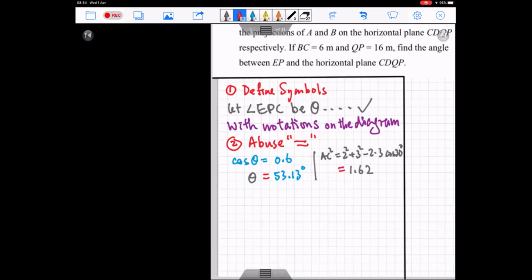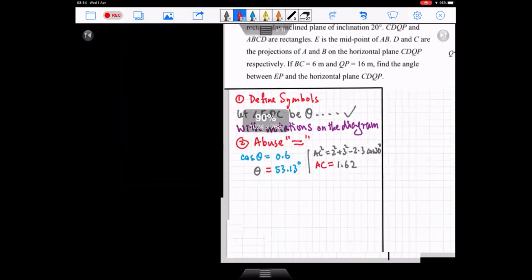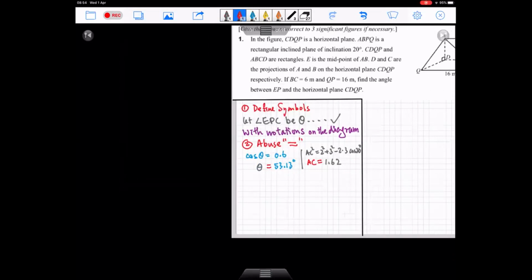This 1.62, in fact, is not AC squared, but it is just AC. If you put it in writing like this, it literally means AC squared. So it's much more proper to put back the AC here so as not to abuse the equal sign. That is the second overall reminder on the homework.